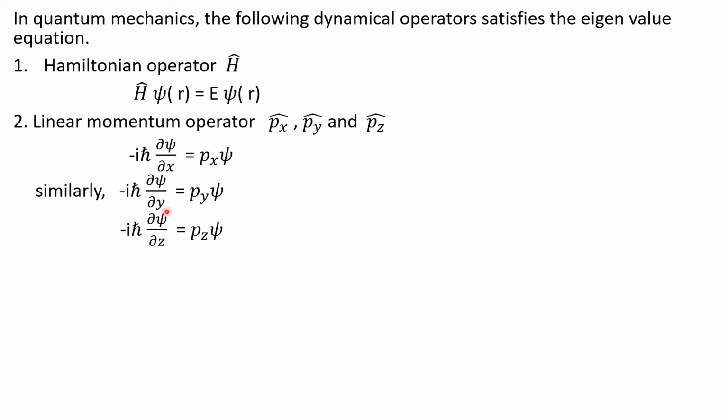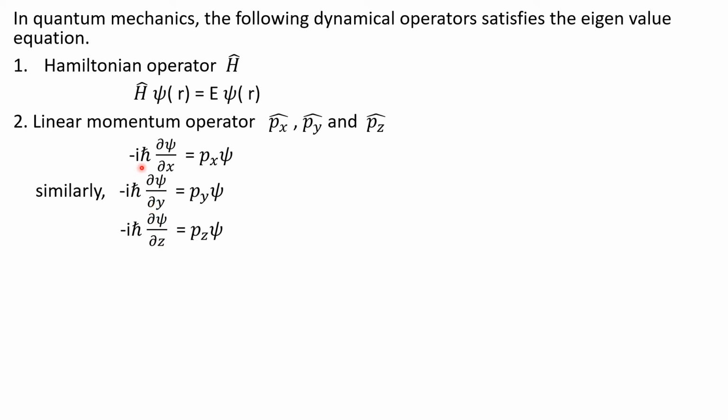Similarly, the z component, minus i h cross del by del z, operating on the psi, we get Pz psi. Hence, Pz is an eigenvalue of the differential operator minus i h cross del by del z.